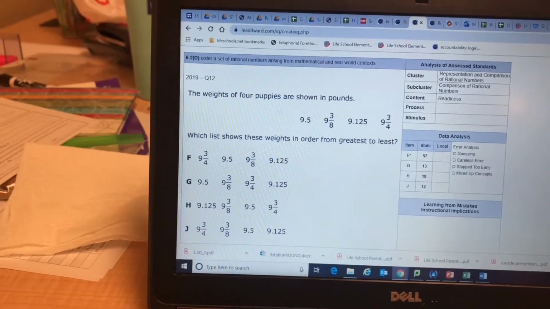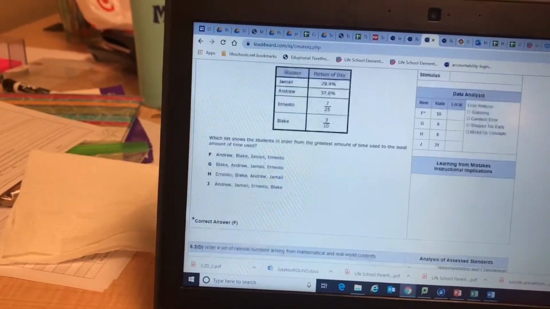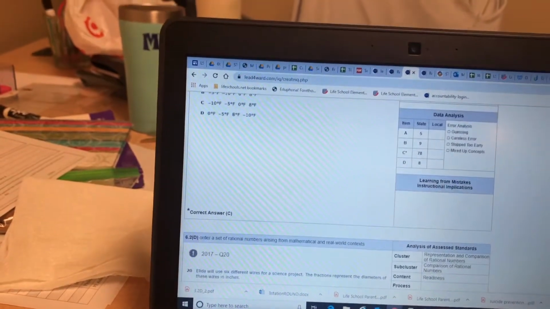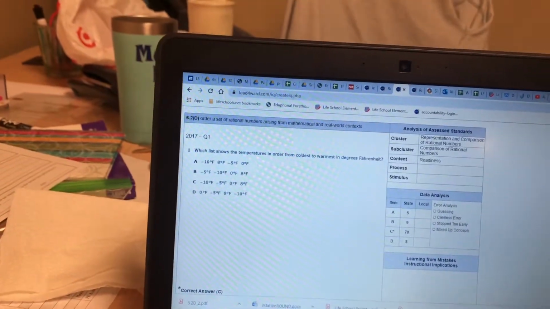In this case, no percents or no negatives, but they really and truly have thrown a little bit of everything in the past. So just kind of looking at how it's questioned to make sure that we are staying aligned with that as well.